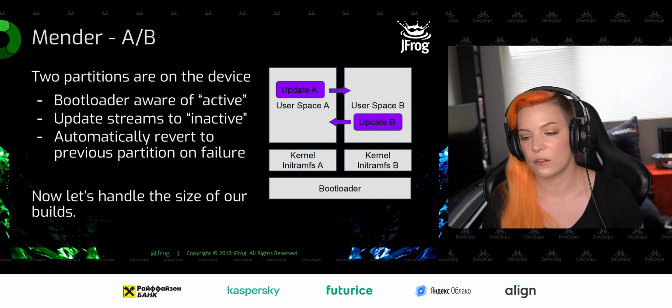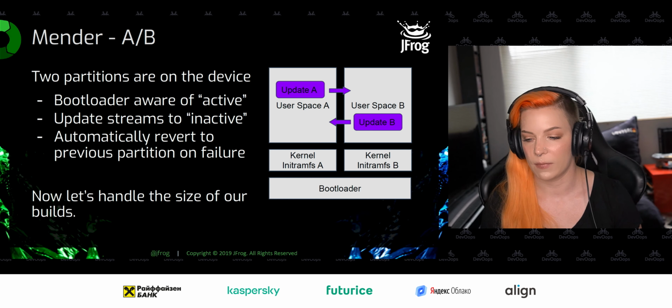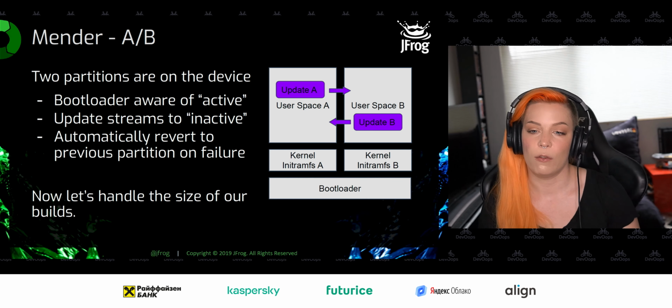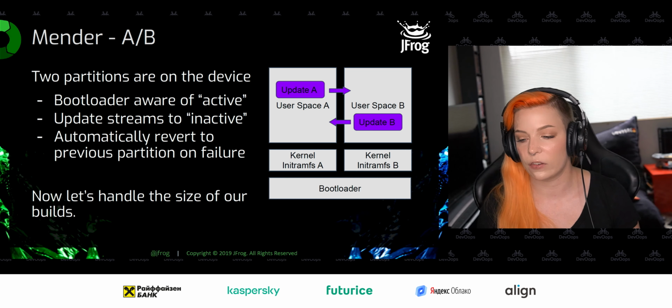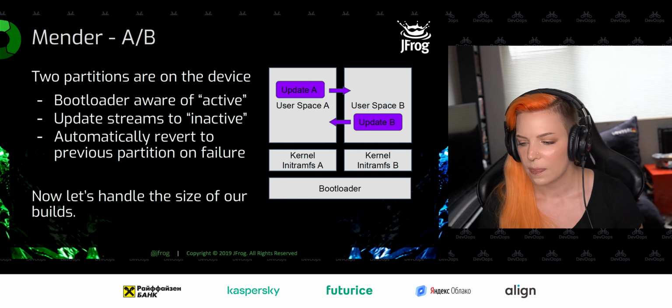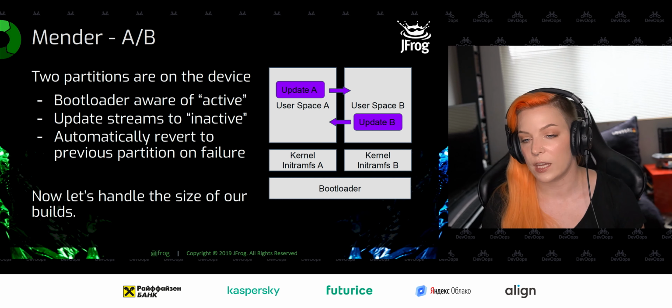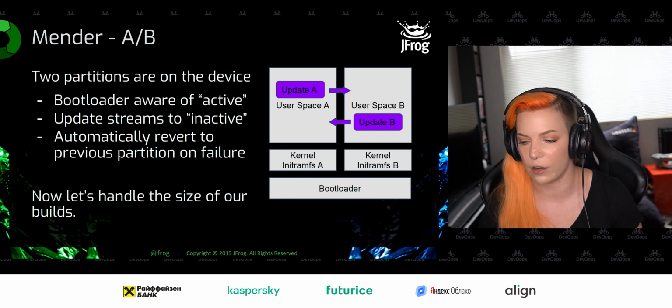Using this method, two partitions exist on the device, A and B. The bootloader is aware of which partition is currently designated as active and which is not. It boots into the one designated as active, obviously. During an update, though, the inactive partition is updated with the new firmware. It streams directly there in the background. The user doesn't know.